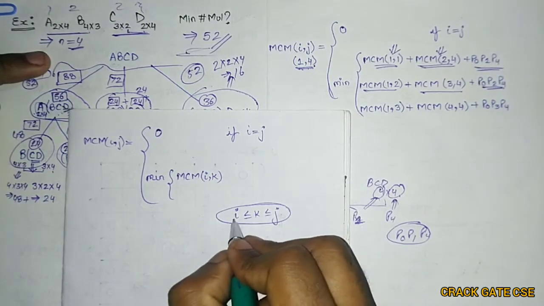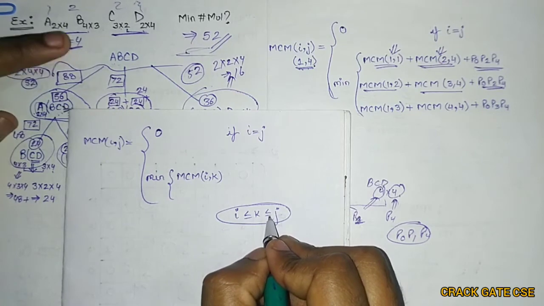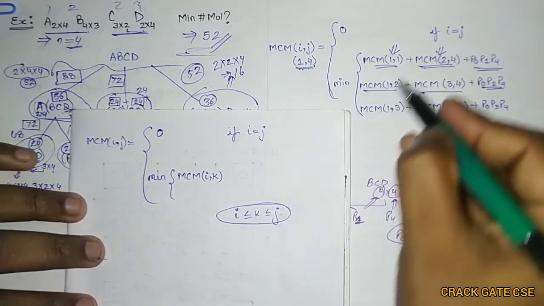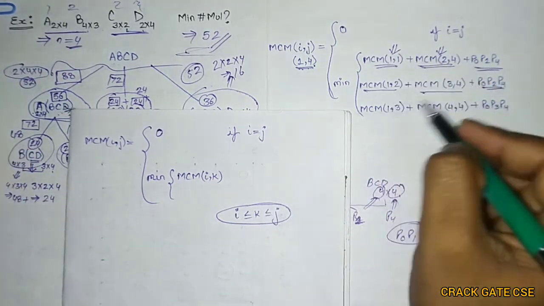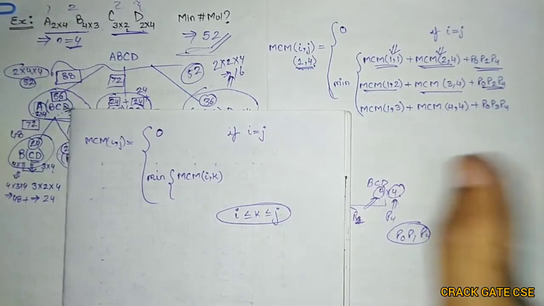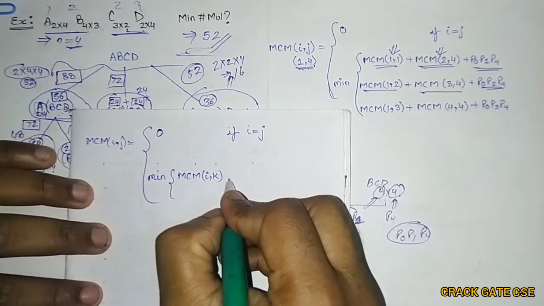You can see that k is the value lying from 1 to 4 in this particular question. So k is varying for the first loop, second loop, third loop. You can use it as a loop when you write the program.